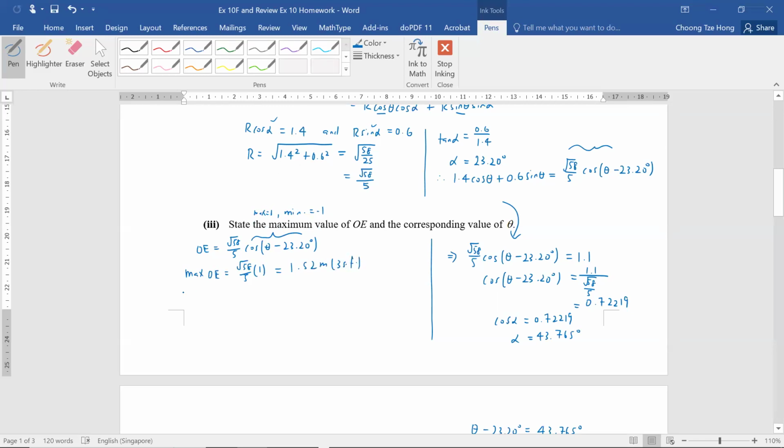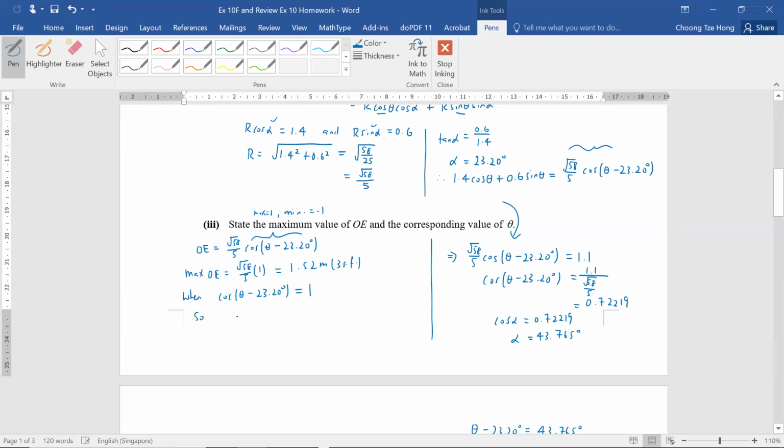So when will it happen? It will happen when cosine theta minus 23.20 degrees is 1. Think about cosine: what angle will give you 1? You should realize from the cosine curve that cosine 0 gives you 1.